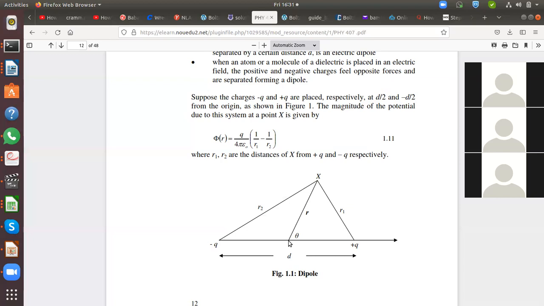So you have X towards positive and X towards negative. X towards positive, we take half of the distance, that is why you have D over 2 positive. X towards negative, that is why you have minus D over 2. Are you okay with that concept? Yes.